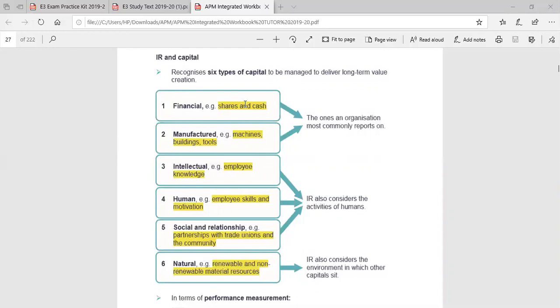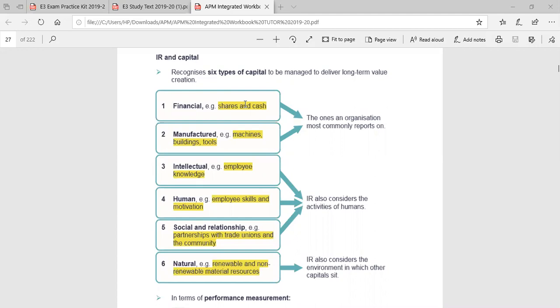Then we see social and relationship: what MOUs have they signed with others, the partnership with trade unions and the communities, what activities do they take up to provide information to the various stakeholders or members of society.